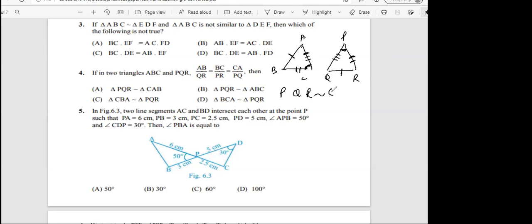So you have to write here C, and Q is the corresponding angle between the single line and the 3 lines, so it will be A here. And R is the corresponding angle between single line and 2 lines, so it will be B. So you are correct. Wow.